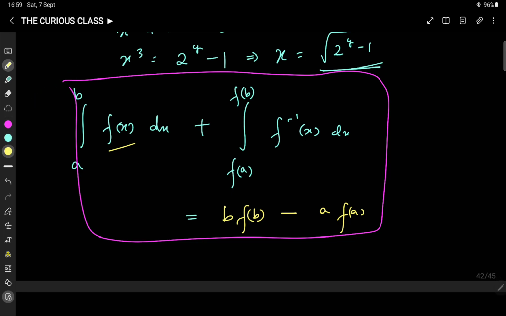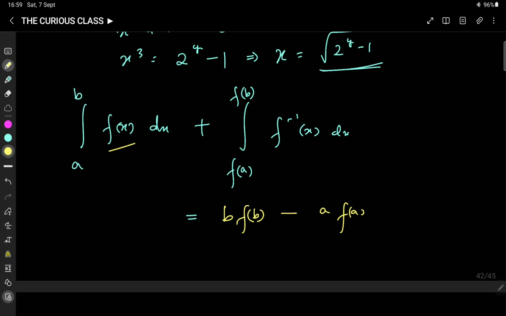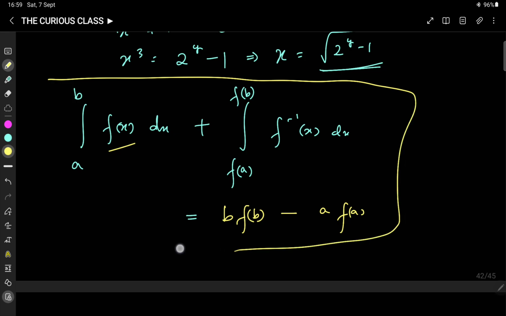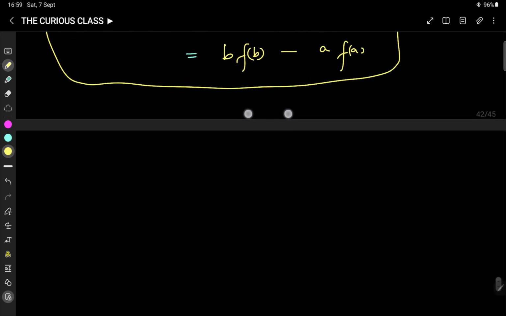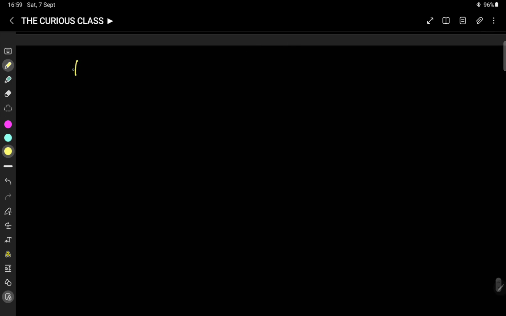So this was all about perspective. If you look at the question this way, you have the answer in just one shot, in just one go. So now the answer will be 2 times log 9 base 2 minus 1 times 1.